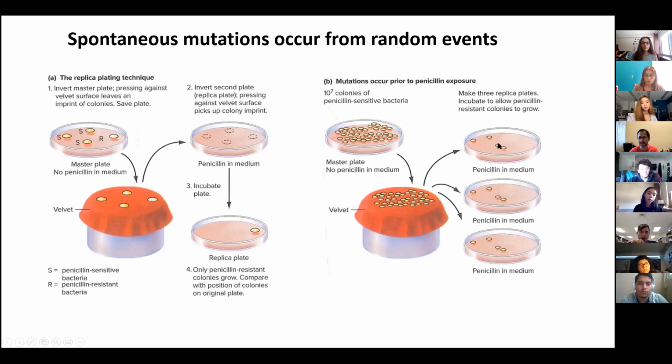If you repeat that many times, you can see how the colonies are in exactly the same position, replicated in every plate. So it means that the original colony was resistant, and if you stamp it onto a different plate, that particular colony will be replicated in all these plates. That means the mutation giving rise to the resistance was already present in the original culture.